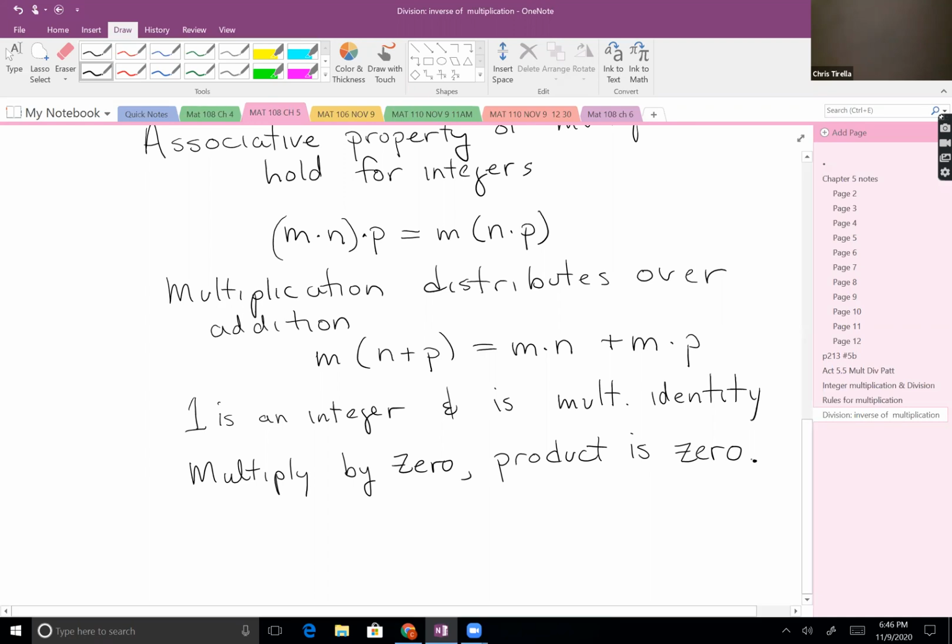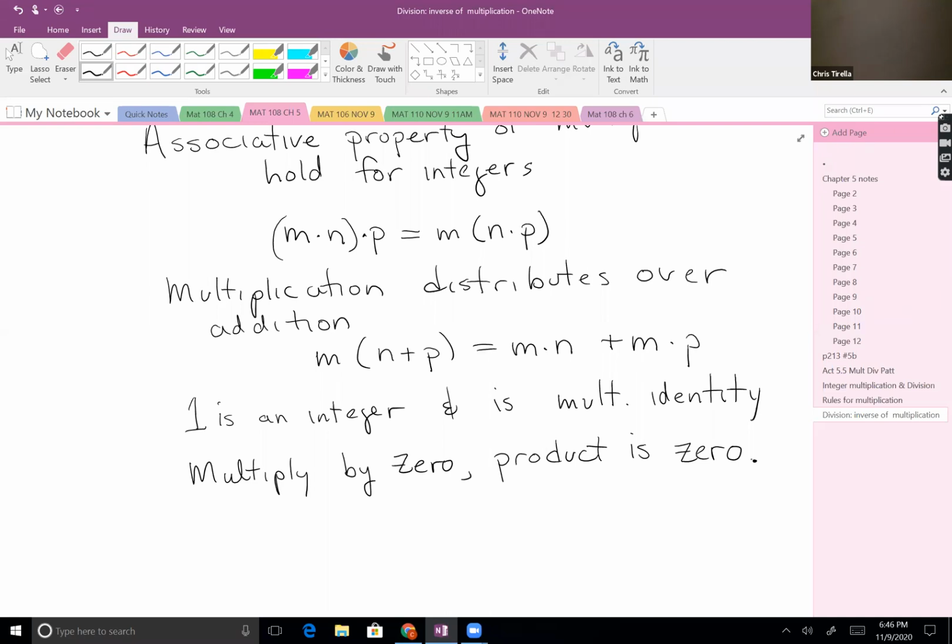And folks, knowing those rules for operations with signed numbers, as well as knowing the properties and being able to show the rules, how they work with counters and number lines and mail-time stories is what I expect of you from chapter 5.